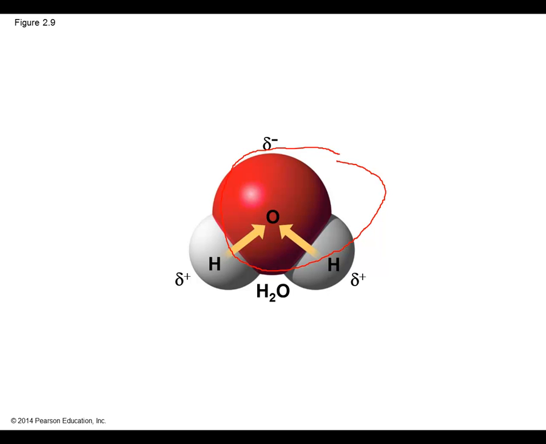So when you form the bonds with hydrogen, you get an unequal sharing of charge. So around the oxygen atom, you get a partial negative charge, delta negative, and you get partial positive charges, delta positive, around hydrogen. And this creates a dipole.